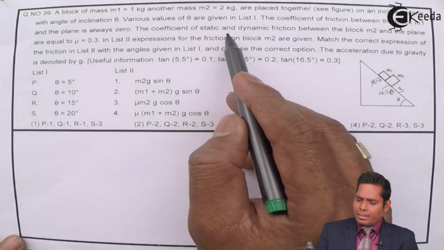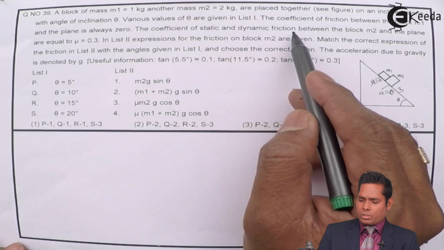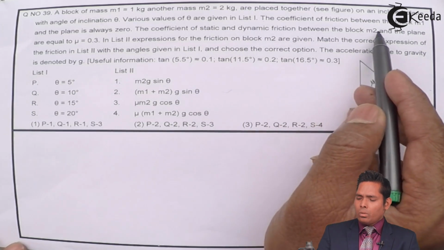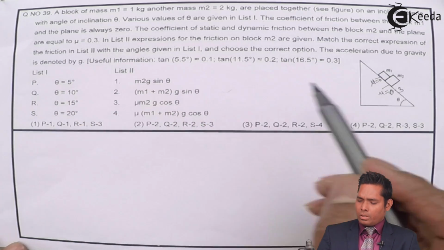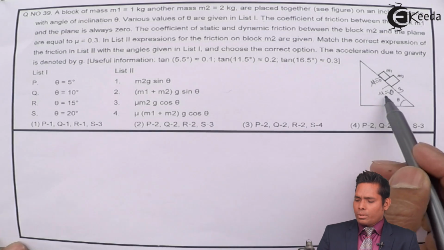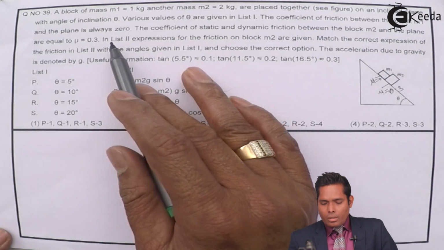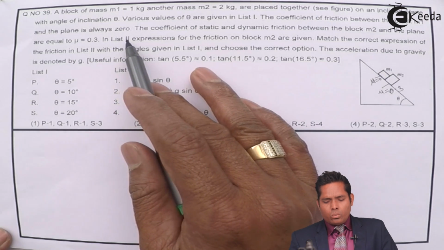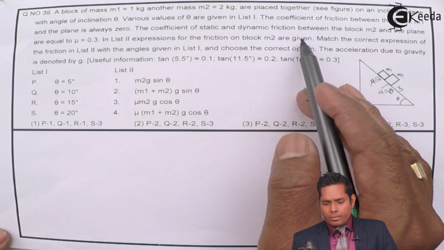And the coefficient of static and dynamic friction, that is coefficient of static friction and kinetic friction between the block M2 and the plane are equal to 0.3. So this block is having coefficient of friction 0.3. In list 2, expressions for the friction on block M2 are given.